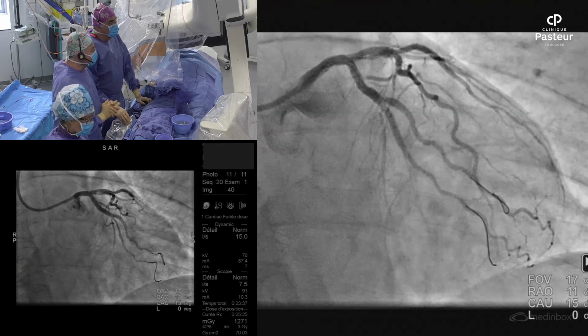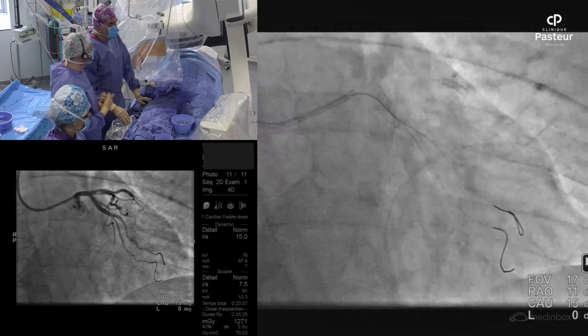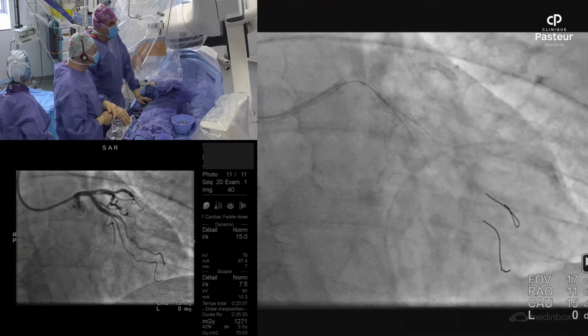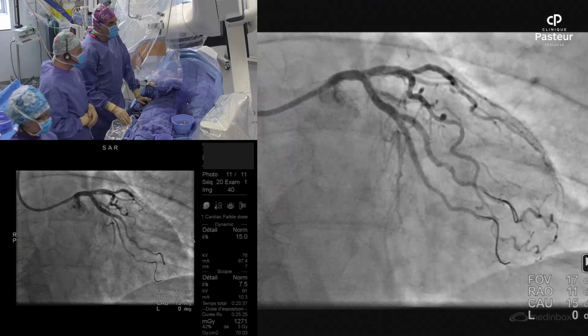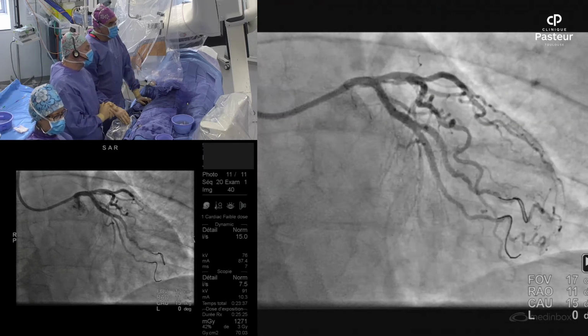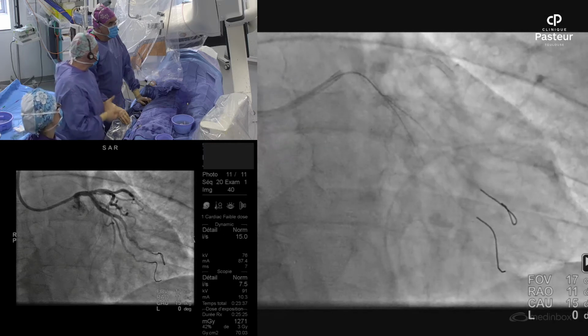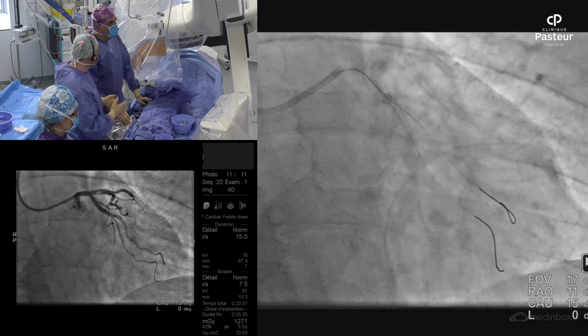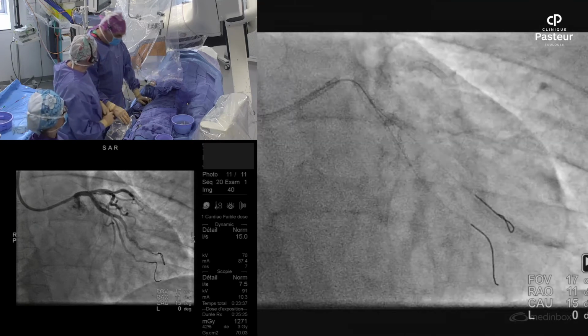We are at the edge where we can do a TAP, because if the angle is too narrow, probably the degree of protrusion will be important. But I think that here it's quite satisfying. Because we try to put the wire in the distal struts, the degree of protrusion is probably a little bit more important.